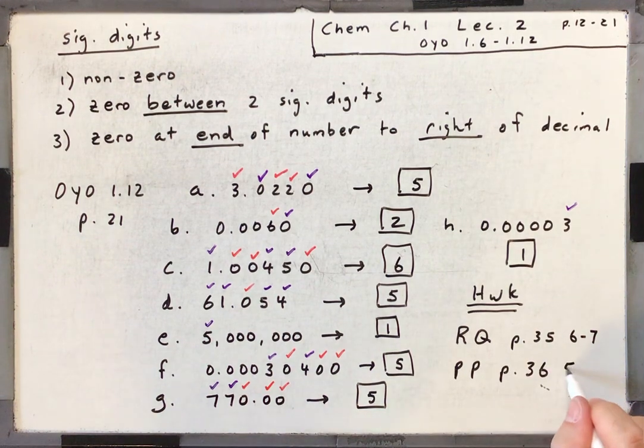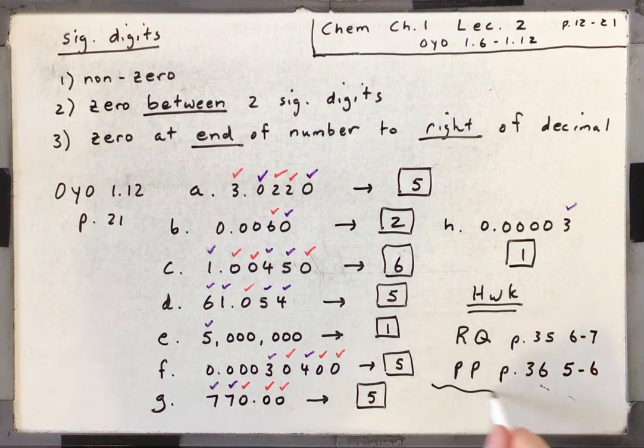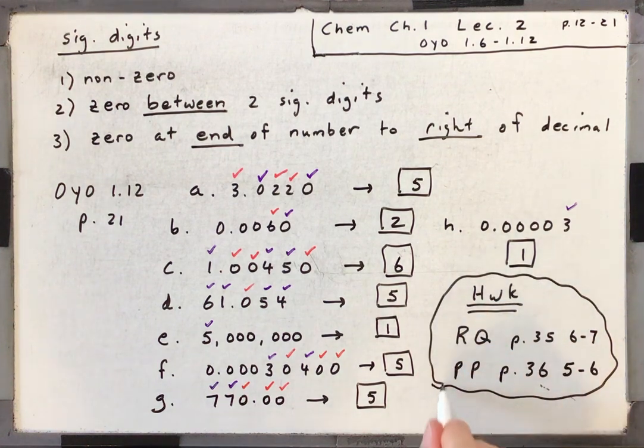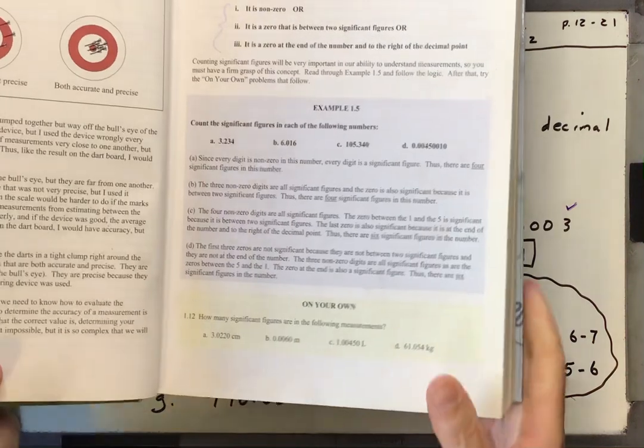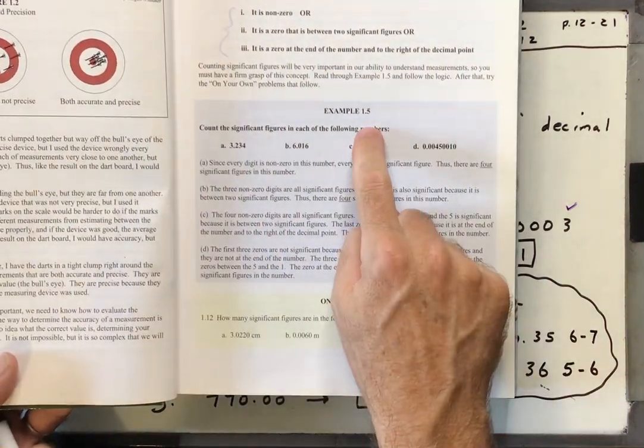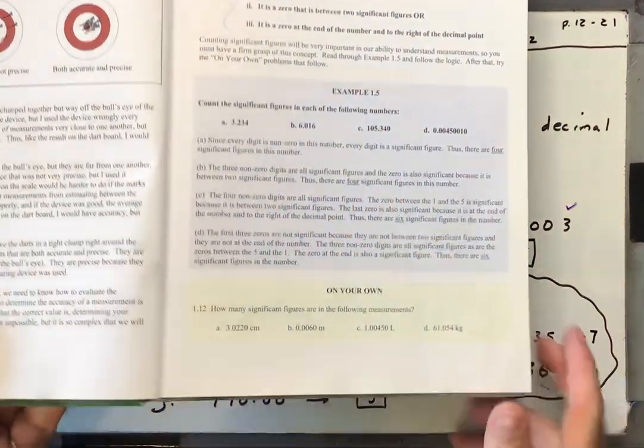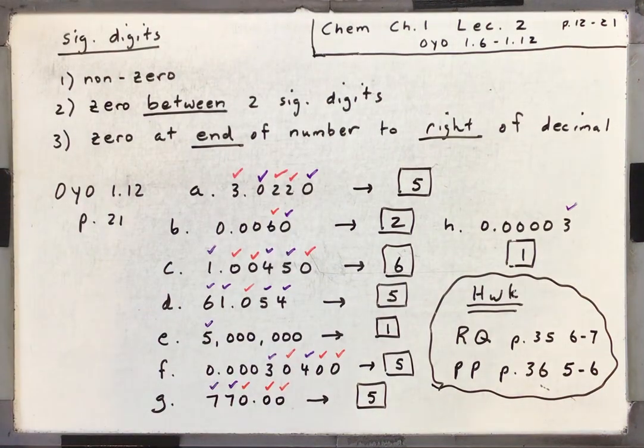You can do numbers 5 and 6. All right, so hope this lecture helped you. If you're having any trouble with significant digits, you can read example 1.5. It'll be really helpful for you. Always read these examples in blue if you're having trouble. And I will talk to you for lecture number 3.